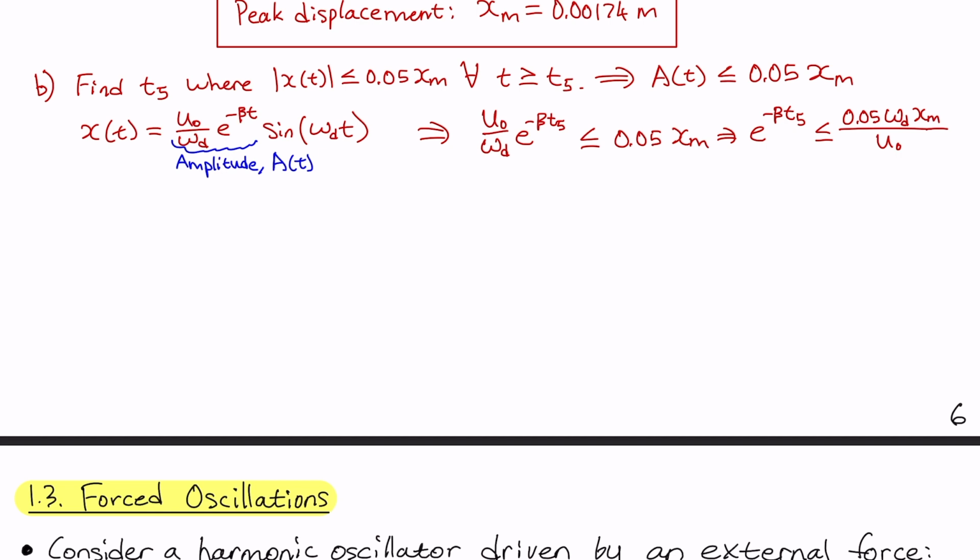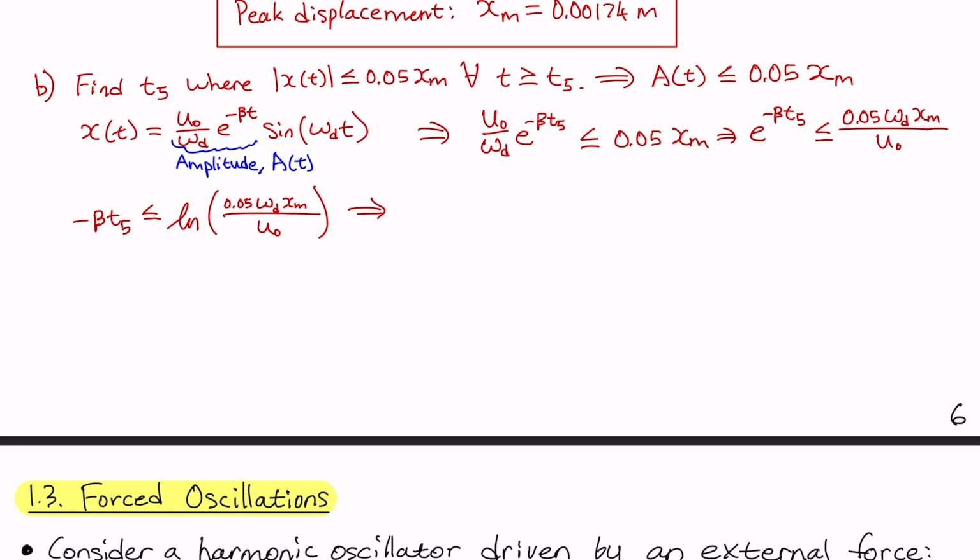And so we'll have minus beta times t5, from taking the natural log of the left-hand side, which needs to be less than or equal to the natural log of 0.05 times omega d times xm divided by u0.